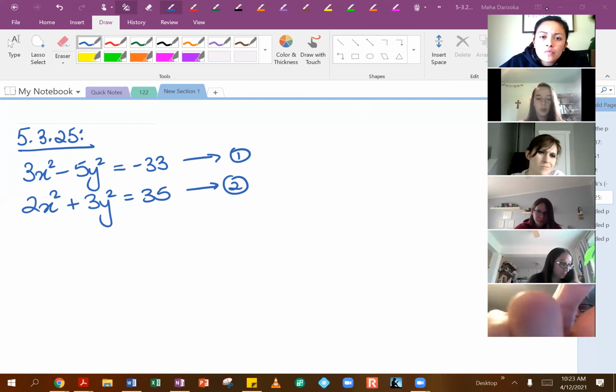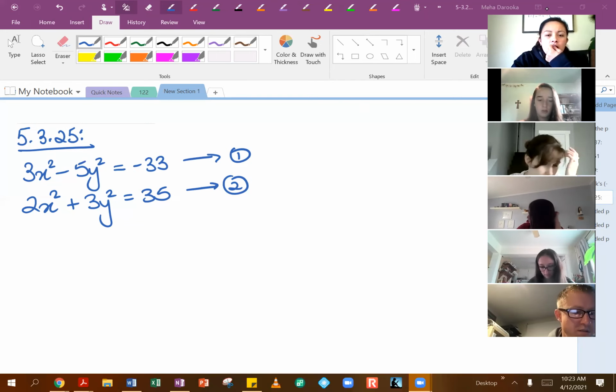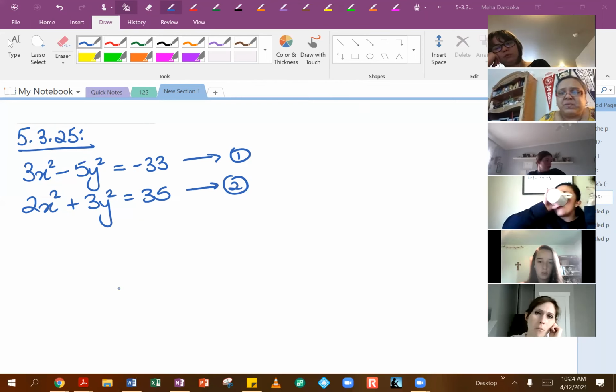So what do you think? Addition? Yeah, because substitution is possible, it can work out, but I find addition to be a lot easier with these types of examples.